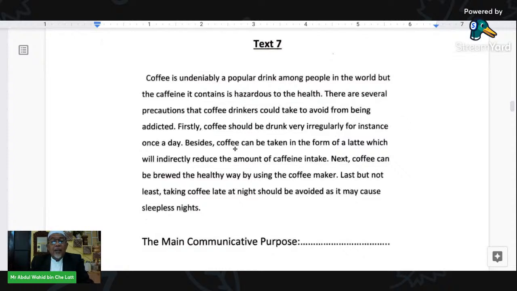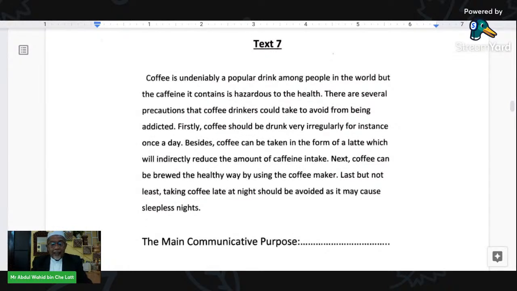Besides, coffee can be taken in the form of a latte, which will indirectly reduce the amount of caffeine intake. Next, coffee can be brewed the healthy way by using the coffee maker. Last but not least, taking coffee late at night should be avoided, as it may cause sleepless nights.